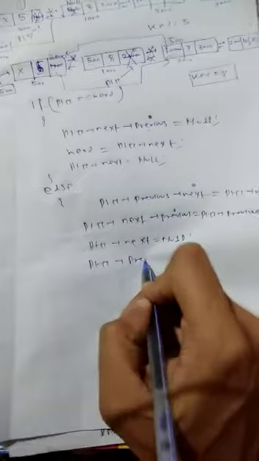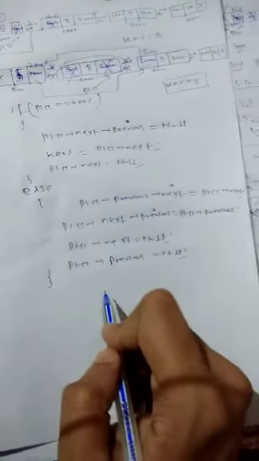This value means this link will be disconnected. I am taking ptr next null. Similarly ptr previous also null means this value will be updated to null. This link will be disconnected. Now the whole node is isolated. After this step the whole node is isolated.